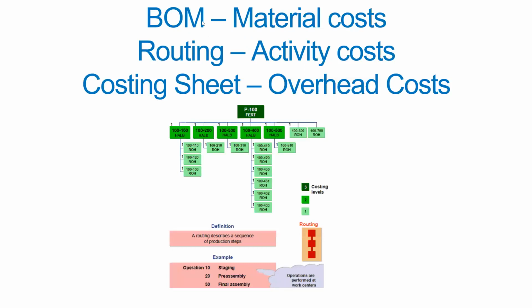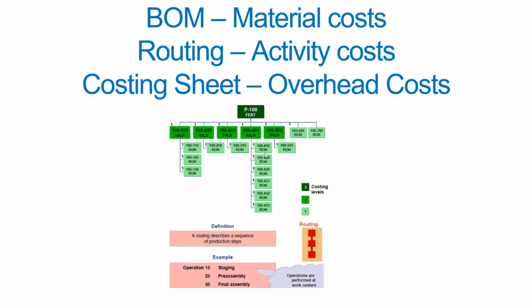So there it is again. The BOM is a material cost, routing is the activity costs, costing sheet is the overhead costs. And you notice that they're the three main cost components. I've got a colored diagram here of the BOM. The top is the top level assembly. Sub-assemblies are held, that's the material type.